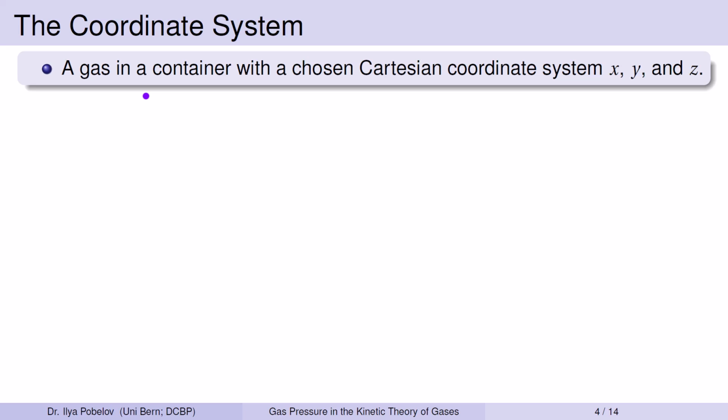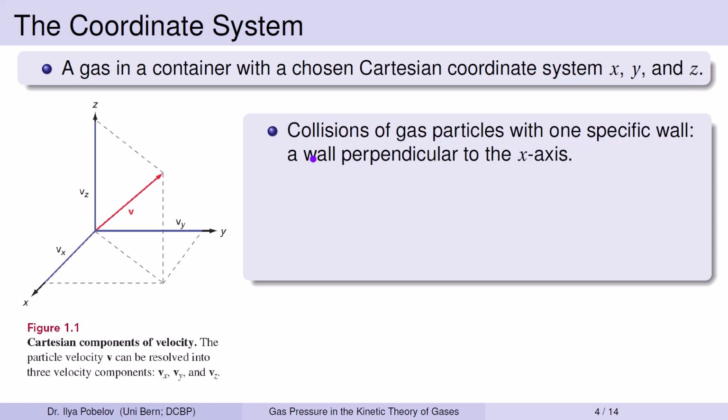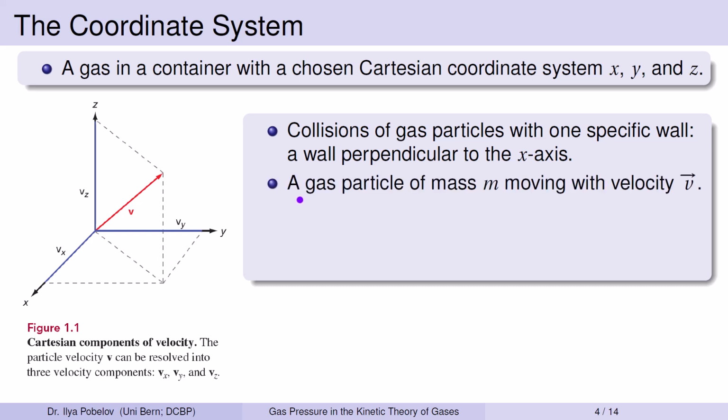Let us now imagine a gas enclosed in a container with a chosen Cartesian coordinate system x, y, and z. We consider collisions of gas particles with one specific wall, a wall perpendicular to the x-axis. We focus first on a single gas particle of mass m moving with the velocity v.